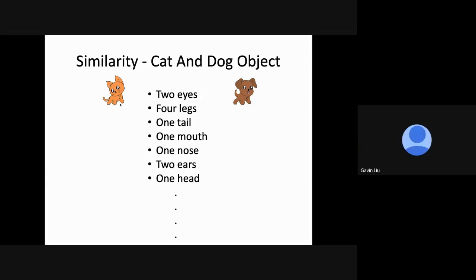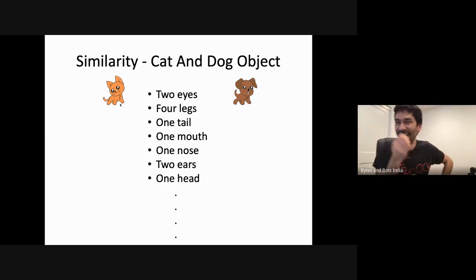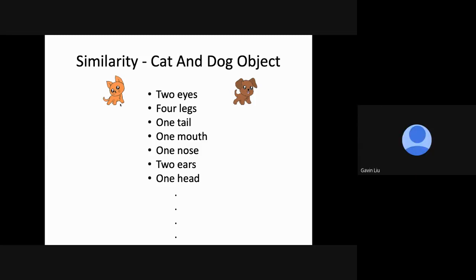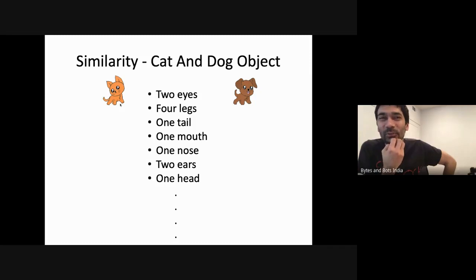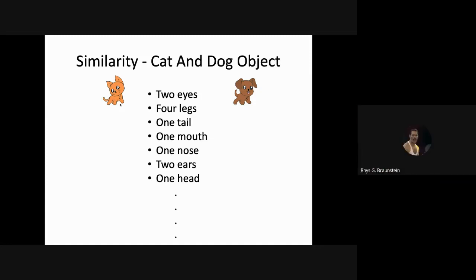The meow versus the wolf. I guess that's one way to look at it. But the question is, what makes them different?